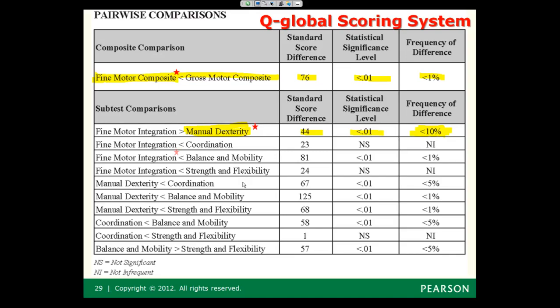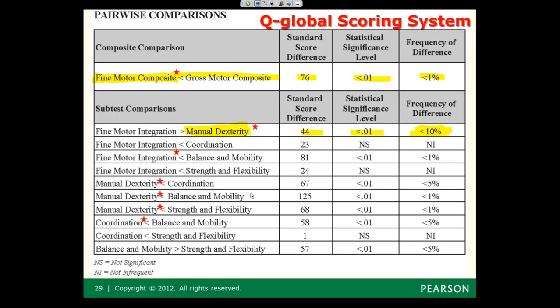Again, the next subtest we see here is the difference between fine motor integration and balance and mobility. We see that fine motor integration is a weakness for her. Again, we're seeing manual dexterity showing up. Against all subtests, manual dexterity is a significant weakness. When we look at coordination, however, when we're comparing that to balance and mobility, it can be considered a significant weakness.